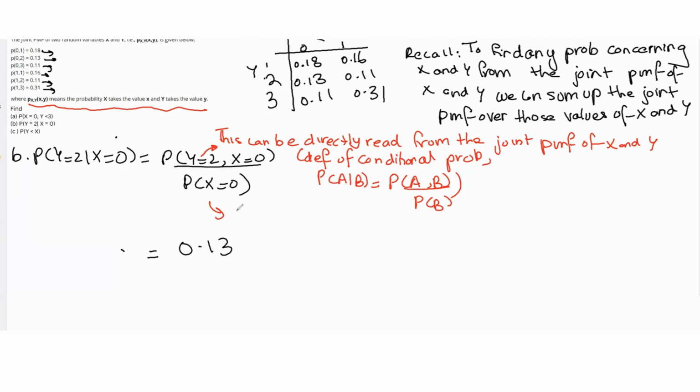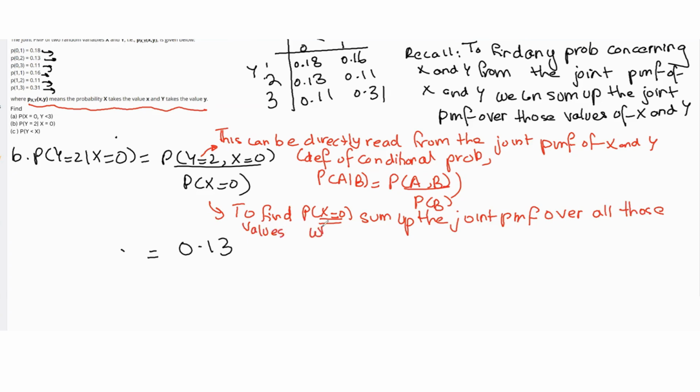Probability x is 0. Like we said, to find any probability concerning x and y from the joint PMF of x and y, we just sum up the joint PMF over those values of x and y. To find probability x is equal to 0, we'll sum up the joint PMF over all those values where x is 0, regardless of what y is.